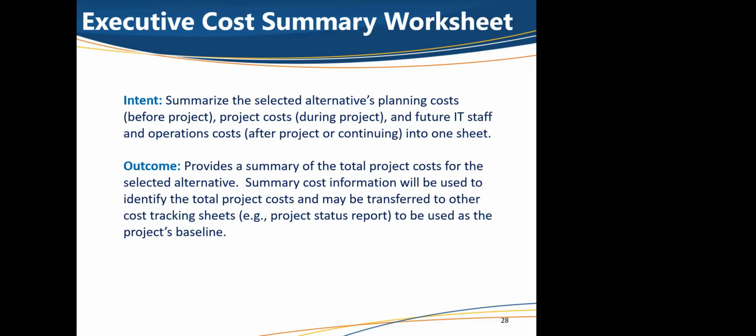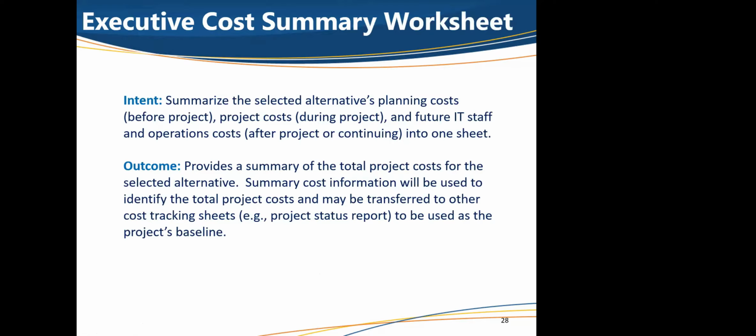So the executive summary, the intent is to summarize the selected alternative's planning costs, which is before the project goes live, the project costs during the project, and then the future IT and operations costs after the project and continuing.